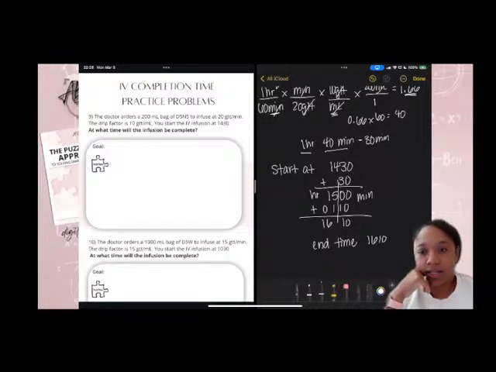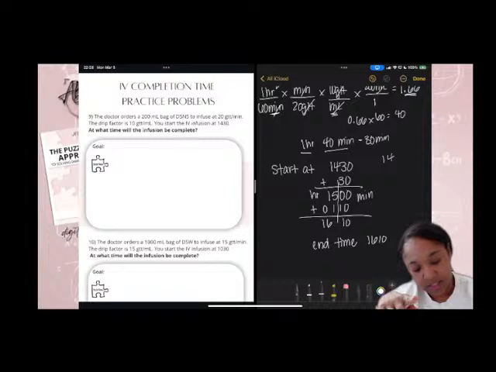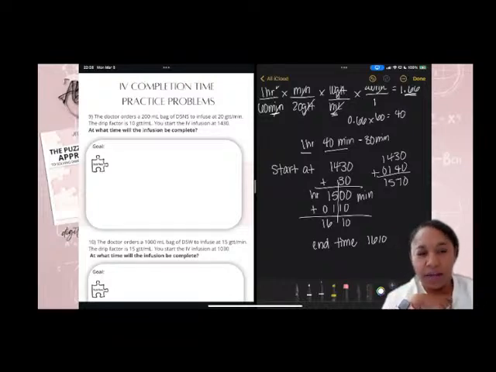Where did I get 0, 1, 10 from? So remember how I showed you if it was 14:30 plus 1 hour and 40, it would look something funky like that, and that's not a real time. So what I did was I just saw that 14:30 was 30 minutes away from the next hour.